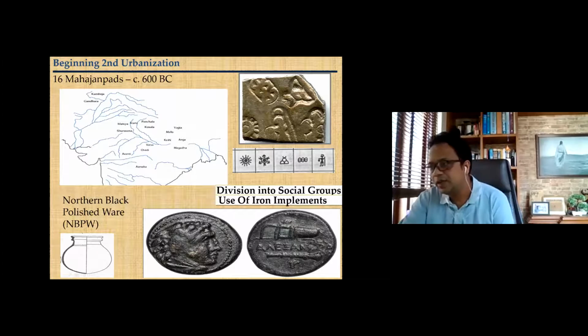This is the coin of Alexander, at the bottom right. The face is of Hercules, a Greek god, but Alexander is trying to represent himself as Hercules. And on the right, there are the weapons that Alexander has used, right?